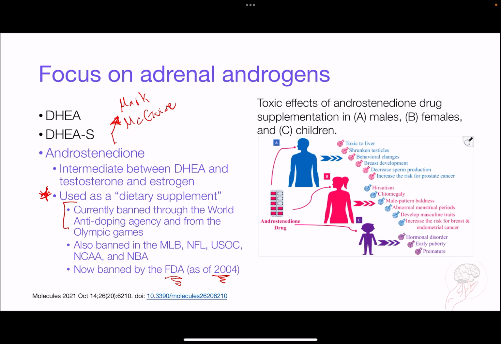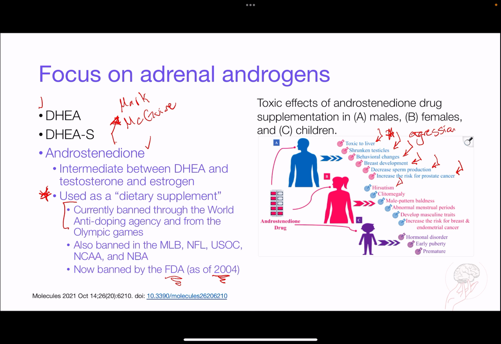And I just want to point out, because you can still buy this online. I did a quick Google, and yep, you're able to buy DHEA and androstenedione online. But it's important to note that it does have toxic effects, particularly to the liver. It can also lead to shrunken testicles, behavior changes, particularly increased aggression, and breast development in men, as well as decreased sperm production and a risk for prostate cancer.